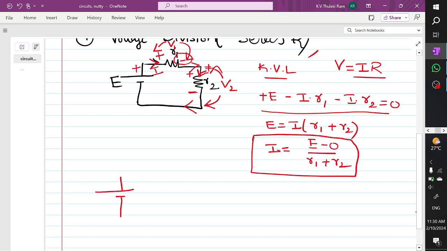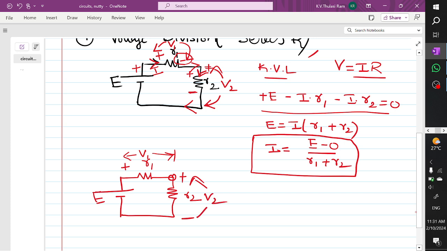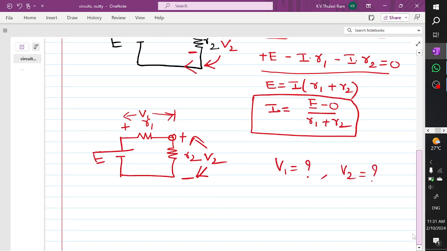So this is the total voltage E, and here you have a resistor R1, here you have a resistor R2, and here I am getting a voltage of V1 and here I am getting a voltage of V2. So now my intention is to find the value of V1 and the value of V2 by applying the voltage division rule.